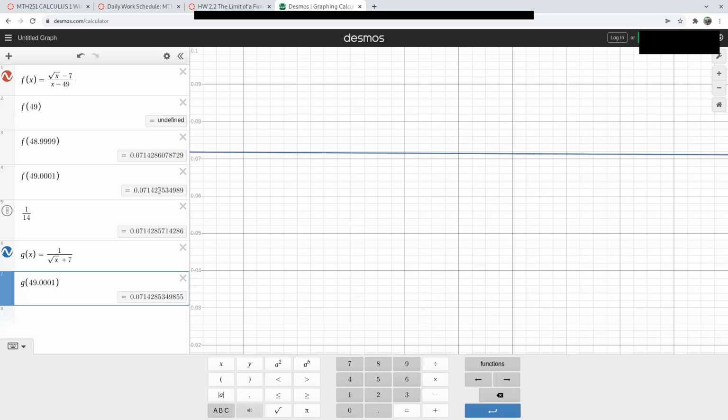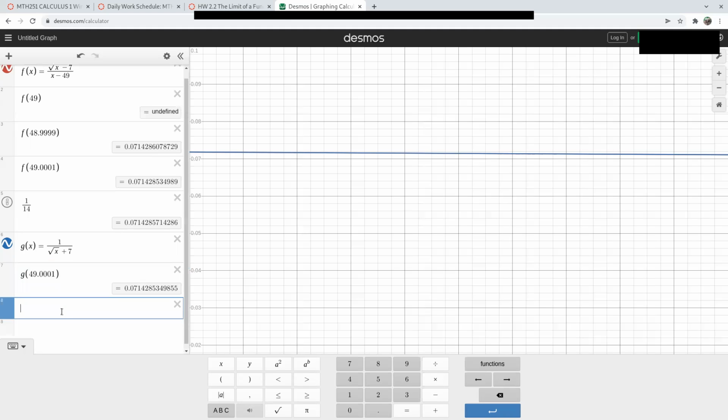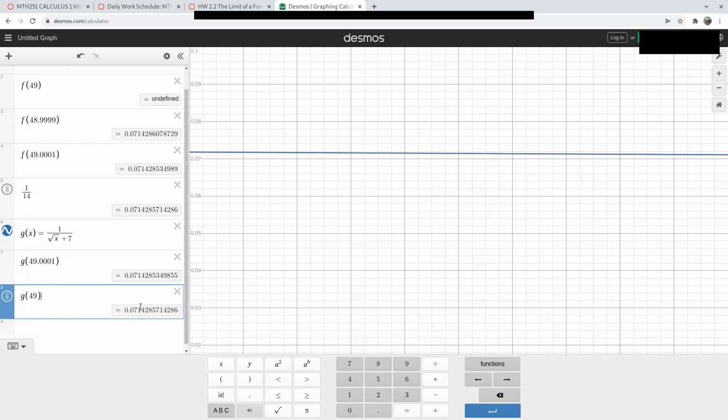They should be equal everywhere except 49. Okay. So probably just a calculation error there. But whereas this function was undefined at 49, g is defined at 49. And it is 1/4 there.